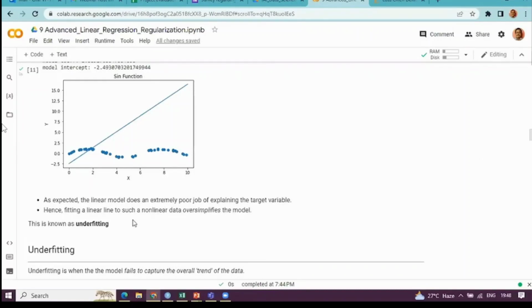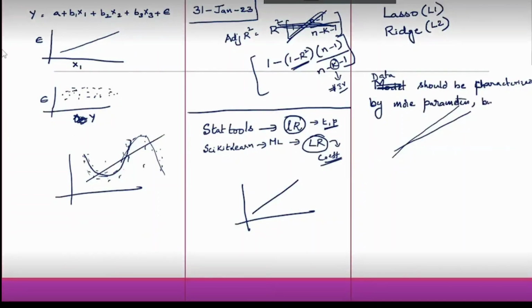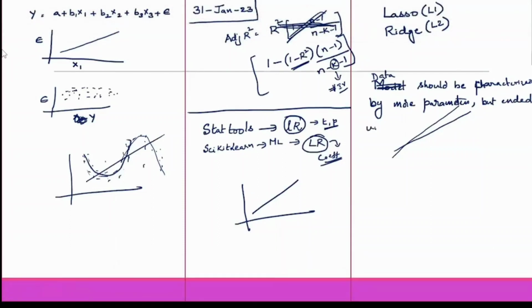Whereas we ended up fitting a very simple model, which means, actually speaking, the data should be characterized by more parameters but ended up being parameterized by only a few.